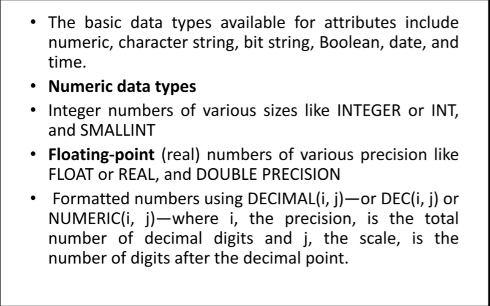So decimal of 3 comma 2: total 3 digits, after the decimal point 2 digits, 2.32 is an example. So i is the total number of digits, but j specifies the number of digits after the decimal point. Hope you understood, right? That is floating point. You can store the real numbers. Hope you are understanding.